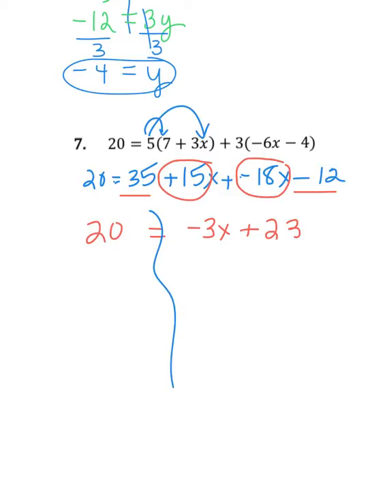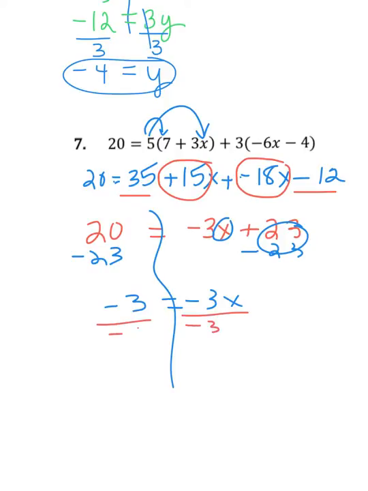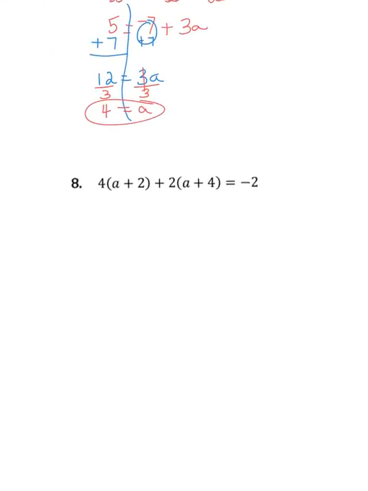Okay, now I'm going to subtract 23, that turns into 0. Negative 3x equals negative 3. Divide by negative 3, divide by negative 3. 1x equals positive 1. There you go. Sorry about that. I just felt like I was doing something wrong. Had to go back and double check that.